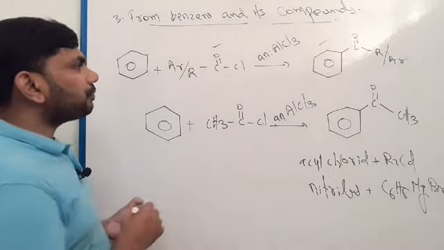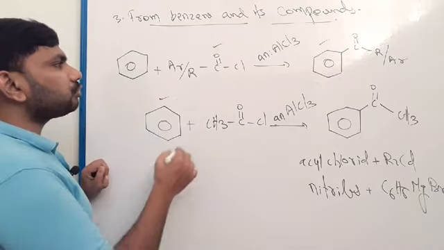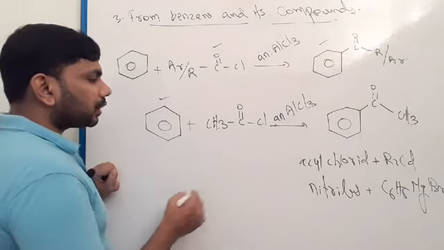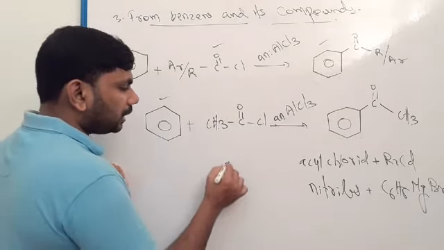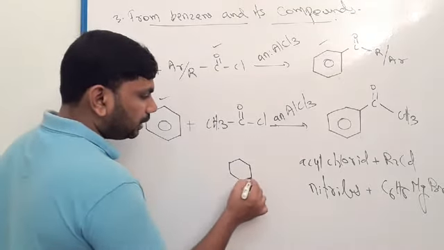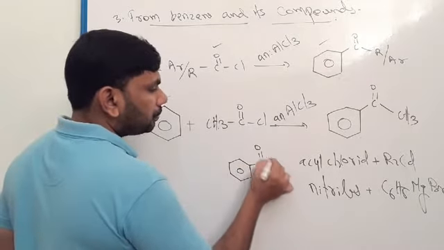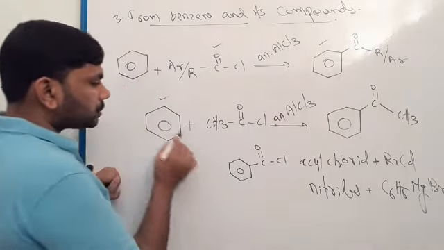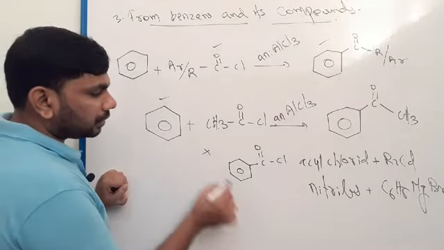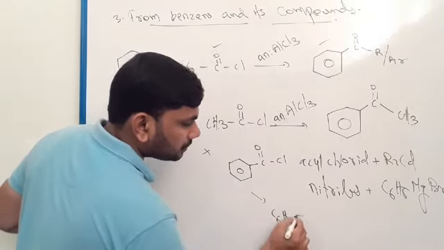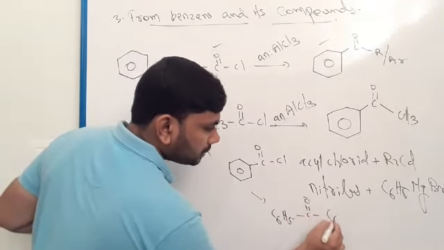Example for this type of compound: here benzene treated with, I choose here, CH3COCl. Also you can choose any type of acyl chloride, C double bond oxygen Cl. So these two, after chemical reaction you will obtain C6H5, C double bond oxygen, C6H5.